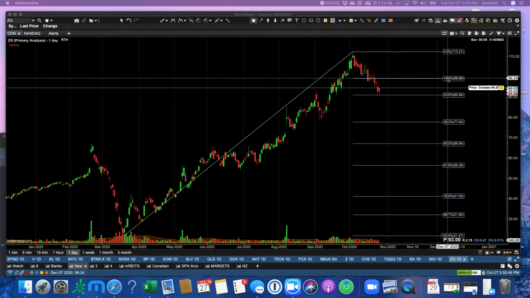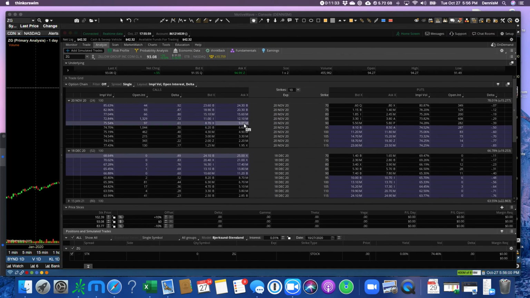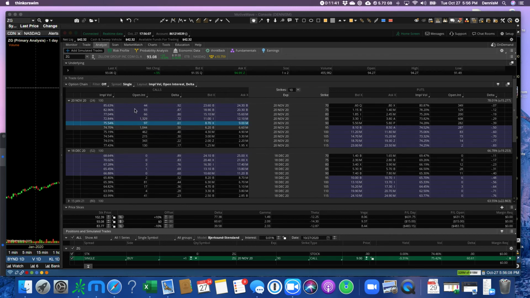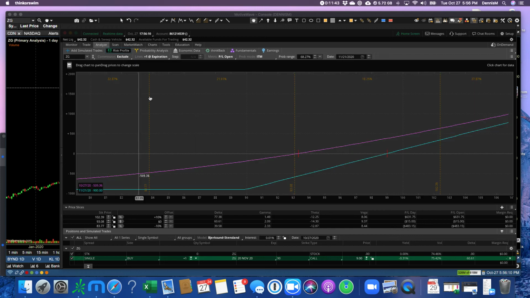It's very common for occasional traders like you and I to just use round numbers. So 98.99 coincides with where the price would have to be on November the 20th for you to make money. So let's say that you buy that. Let's look at the risk profile.